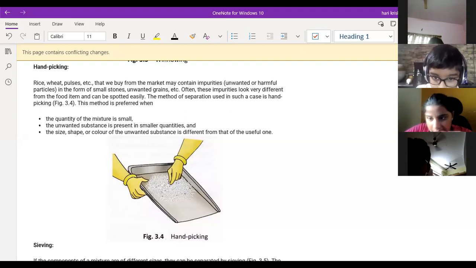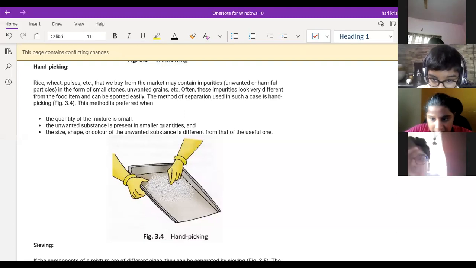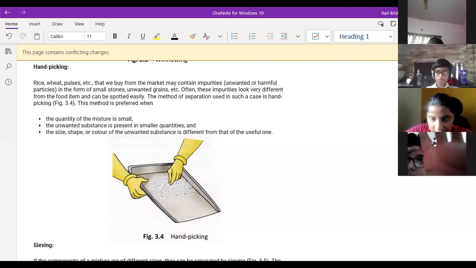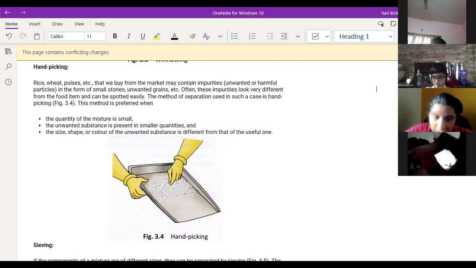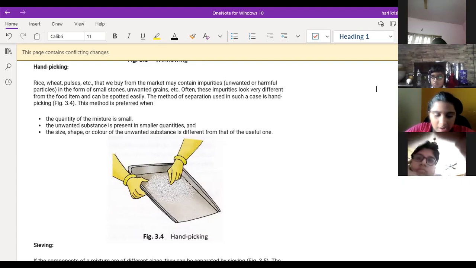Also we can use that for separating some grass from the food items. Okay. Sir, and the insects like earthworms from any substance.